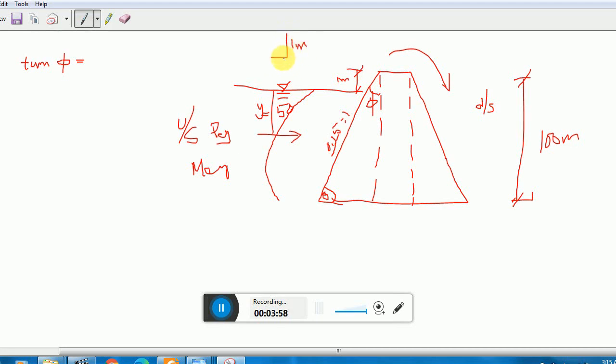So this will make your tangent. So tangent phi is 0.15 divided by 1. If you need phi, you just need the tangent inverse of that term, 0.15 divided by 1. Clear? You got your phi value.